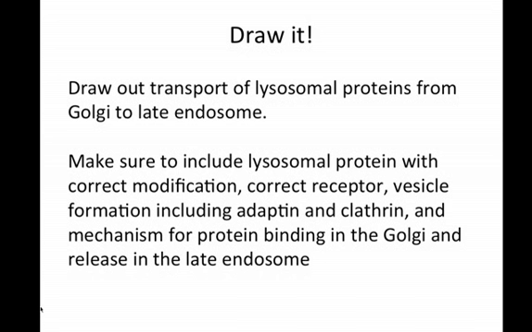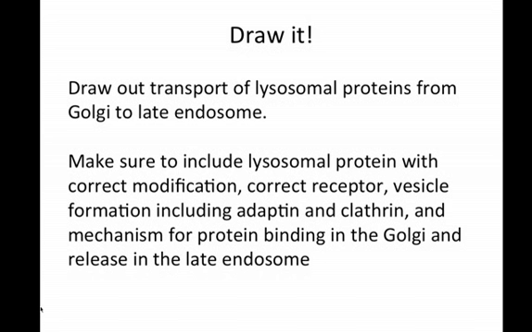So the pH is down, and so that's going to release your acid hydrolase into your late endosome. Acid hydrolase released. Okay, right, because the pH is down. Here the pH is higher.